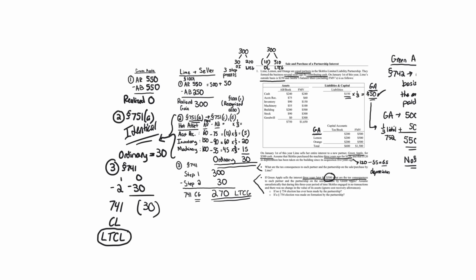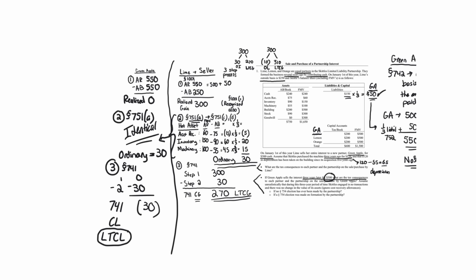This is the worst situation you can have in all of tax world because you have an ordinary gain and a long-term capital loss, which, as you all know, capital losses are severely limited.